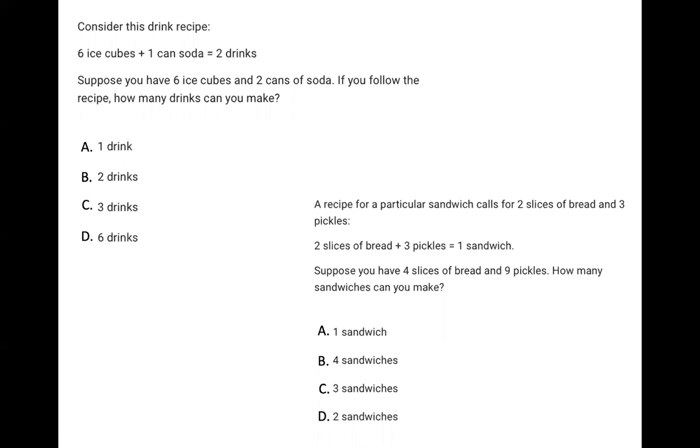As this one is coming in, I think you are excellent sandwich makers. I'm seeing almost 100% agreement on this. Take about 10 more seconds. Almost everybody within this one says you can make 2 sandwiches.